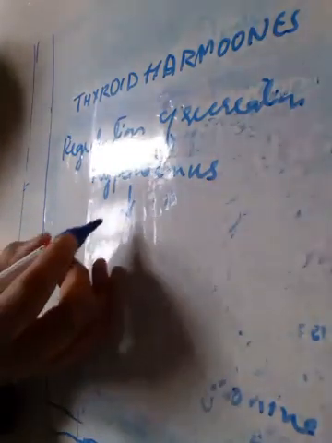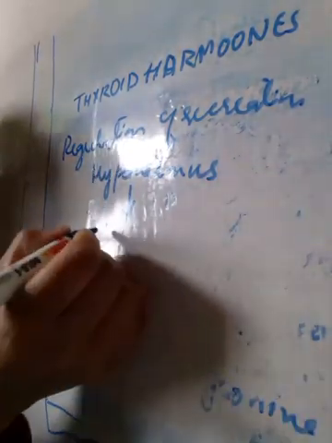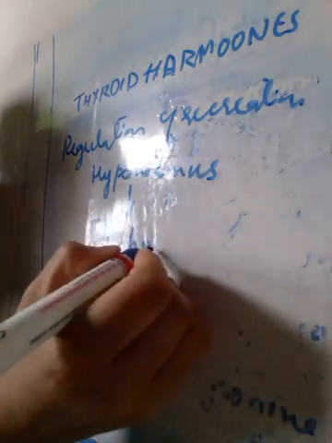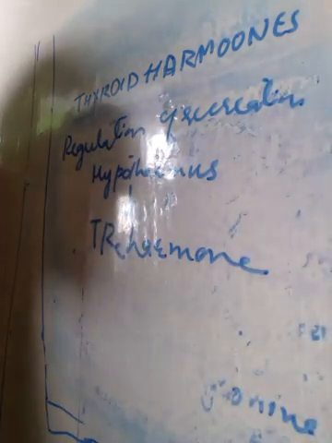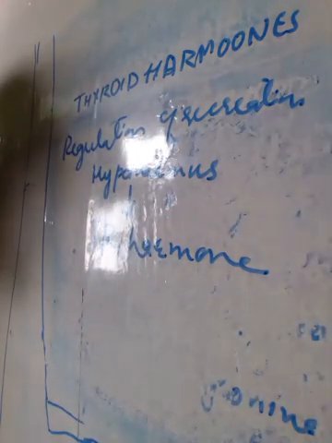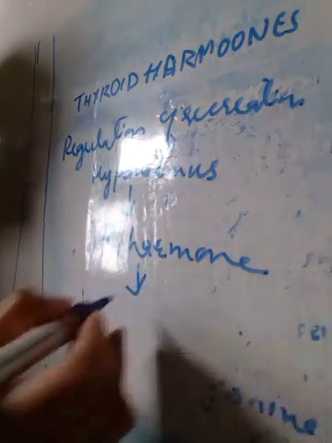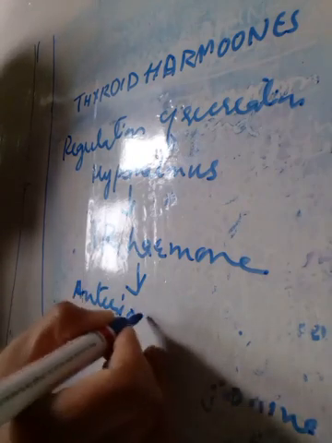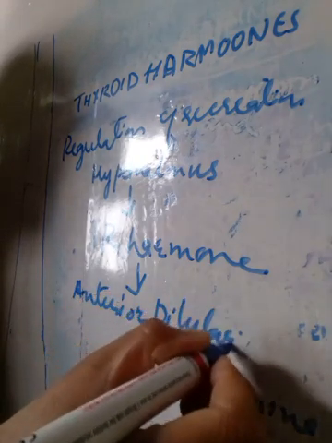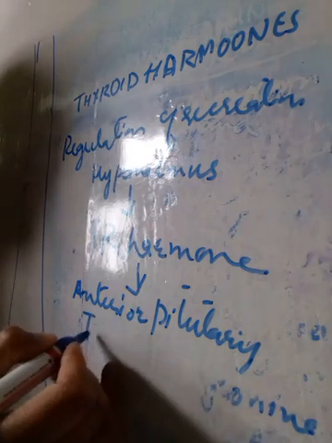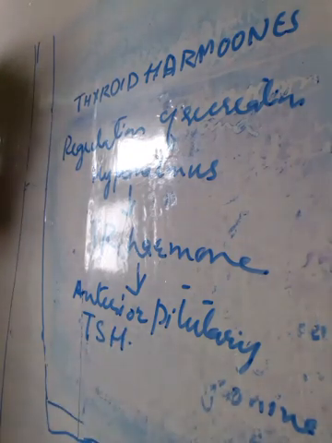The neurons of the hypothalamus secrete TRH, that is thyrotrophin regulating hormone, which stimulates the anterior pituitary to release thyroid stimulating hormone, TSH.